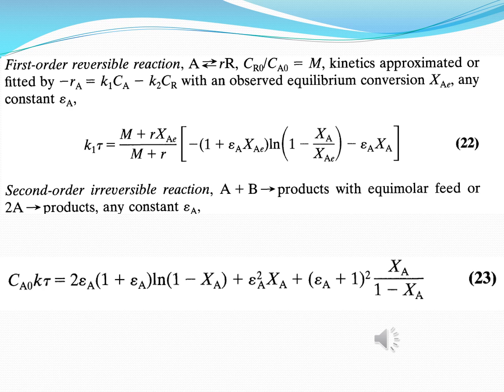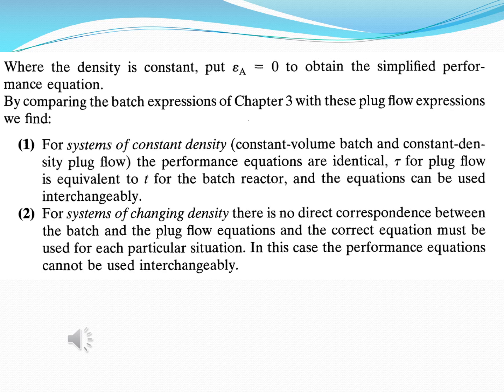So you can calculate any unknown value by putting in all these values and directly utilizing this equation. This is the last slide before we go on to solving examples and problems regarding the application of the performance equation of the plug flow reactor.